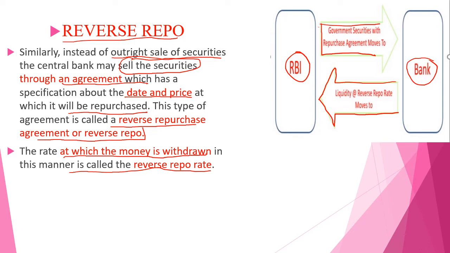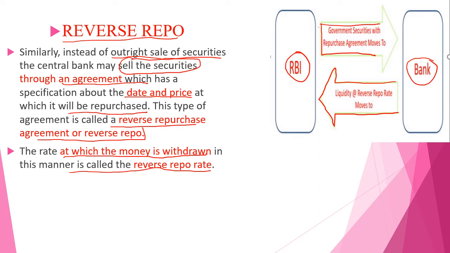For easy understanding of this concept, when commercial banks have excess funds, they can park their funds in the Reserve Bank of India. That is why it is shown like that: money or liquidity, cash, is moving to the Reserve Bank of India. For that, some collateral is needed.